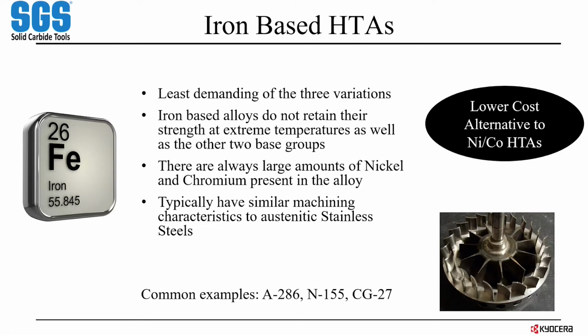But they do always have large amounts of nickel and chromium, so that certainly adds to some of the difficulty in machining them. But across the board, you can usually kind of equate them to an austenitic stainless. So probably the most common you'll see out there is A286. You also see N155 or CG27.